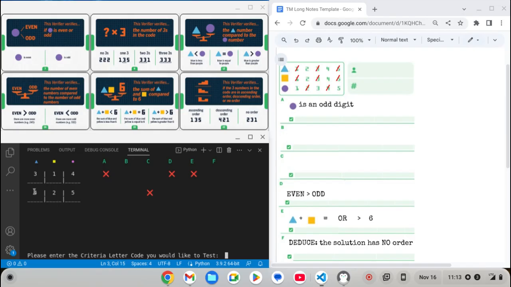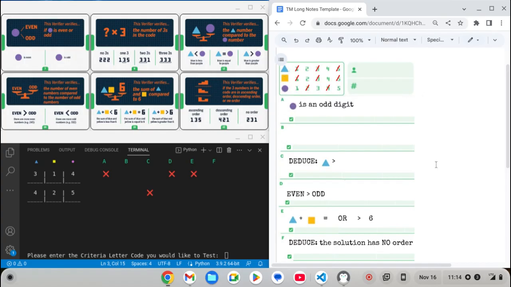We're going to deduce that triangle should be greater than circle. So let's go ahead and type that up in our notes in section C. And again, we're going to deduce that triangle should be greater than circle.